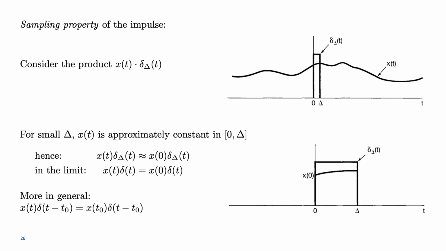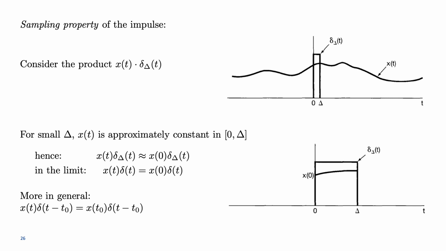Okay? And then if we take the limit, if we make our delta very, very small, then the left side and the right side of that equation converge respectively to x of t times delta of t and x of 0 times delta of t, right? What does that mean? Well, it means that the product between any signal x of t and an impulse is equal to the same impulse multiplied by the value of that signal in 0.